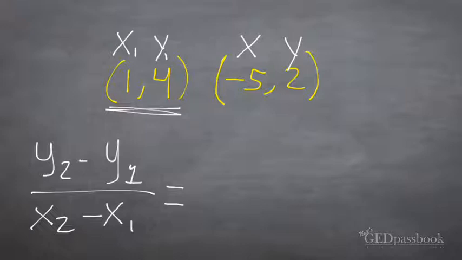Because this is my second one, this is my x2 and this is my y2. That's all. Can we switch it? No. Can we do the second one as the first? Yeah, but don't worry about that. Just keep in your head at all times, this is my x1, this is my y1, this is my x2 and this is my y2.